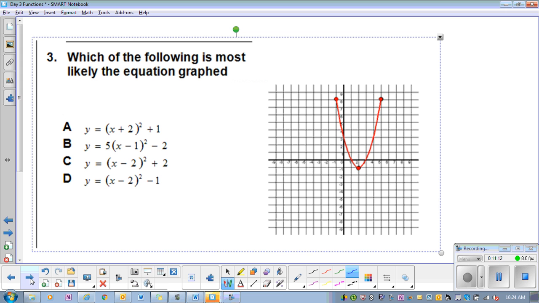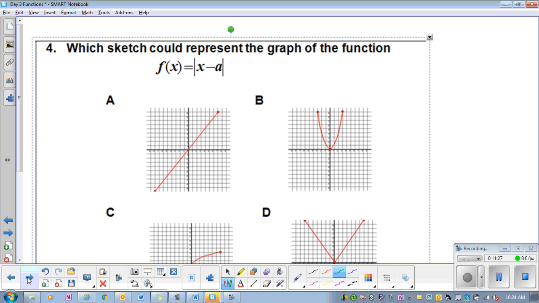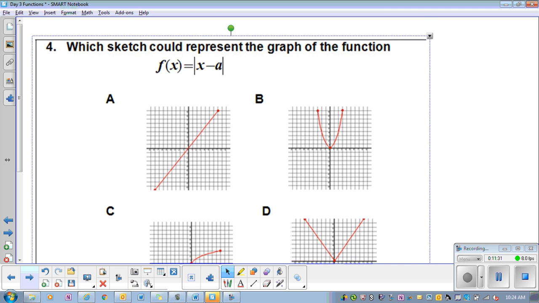Which of the following is most likely the equation of the graph? Again, they gave you the graph. Plug it in. C? All right. Next one. Which sketch would represent the graph of this function?